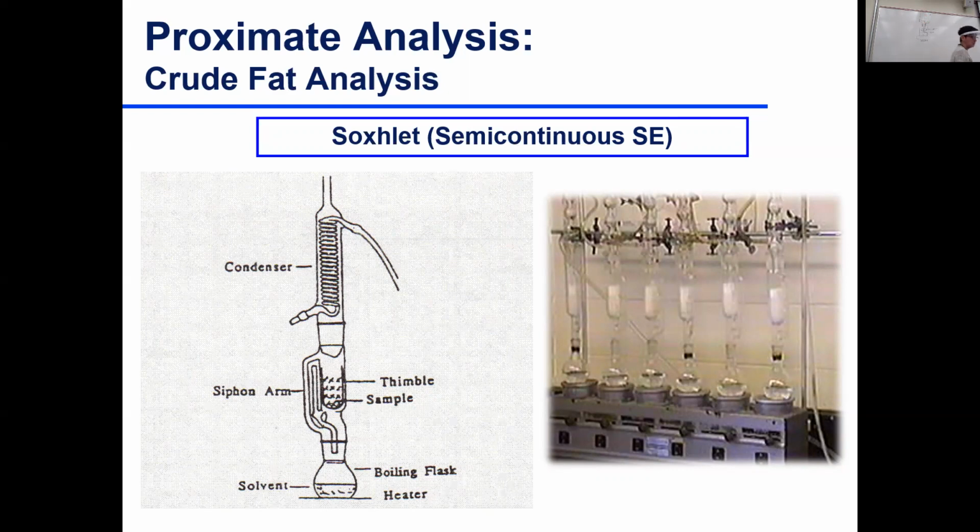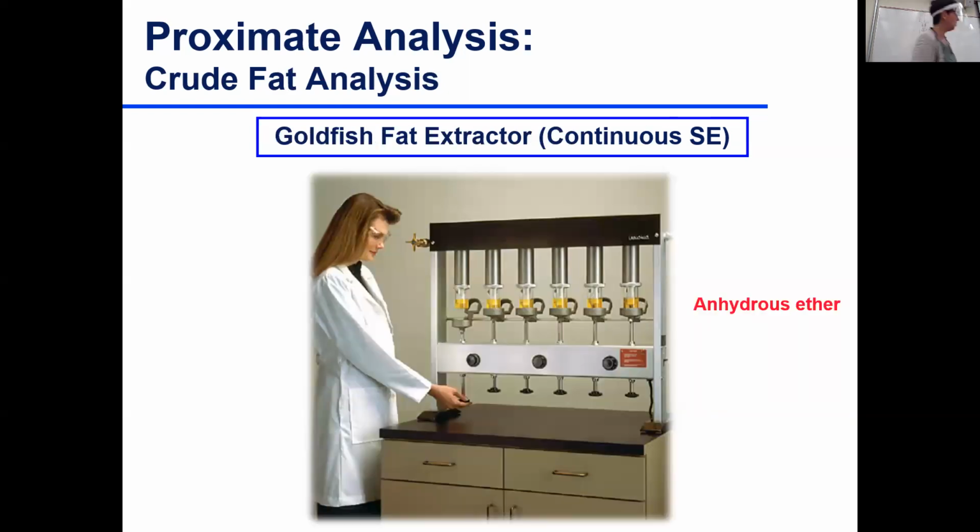So the flask here in the picture is yellow because it's just demonstrating that your fat ends up in this flask. You take the flask at the end of 6, 7, 8 hours of extraction, you evaporate the solvent, and then you weigh the flask that has the fat.